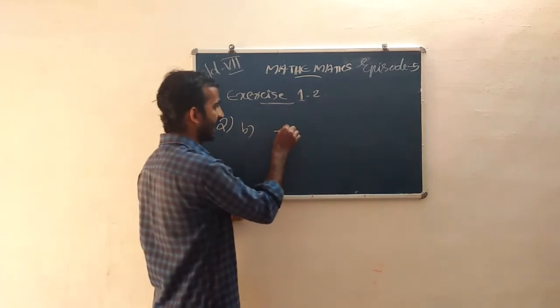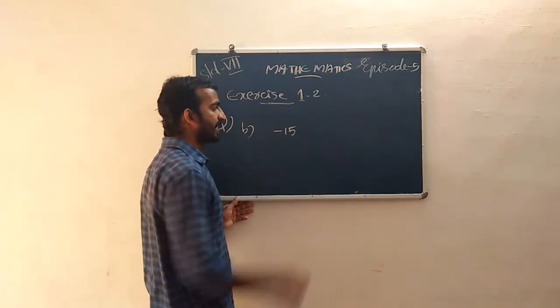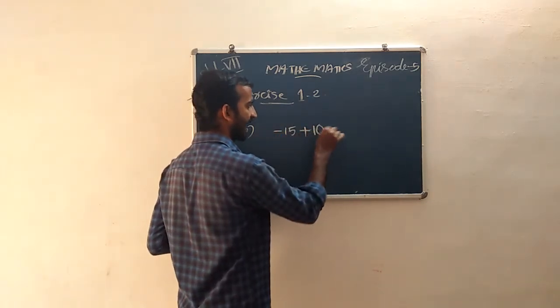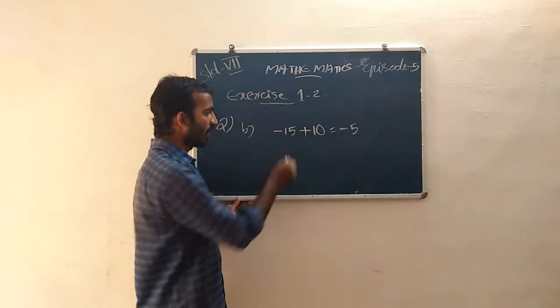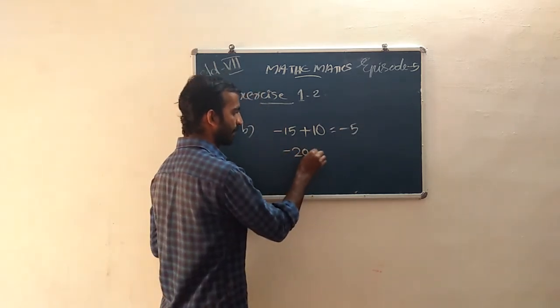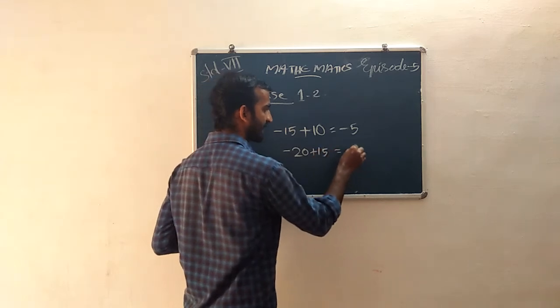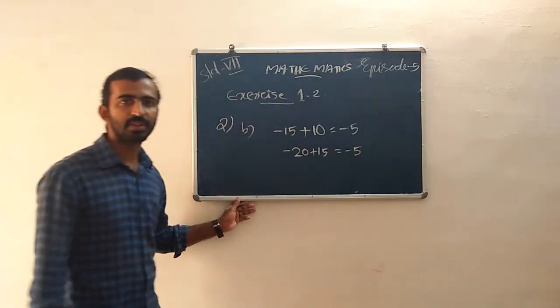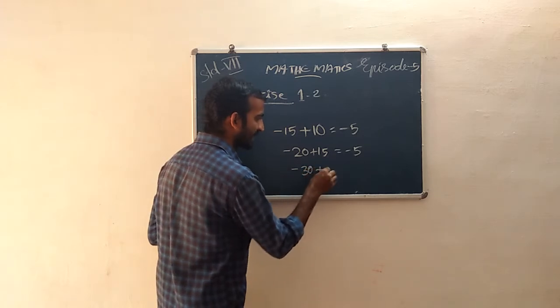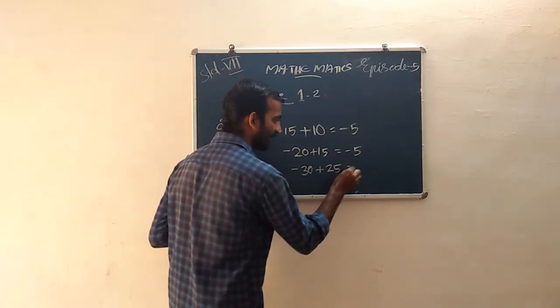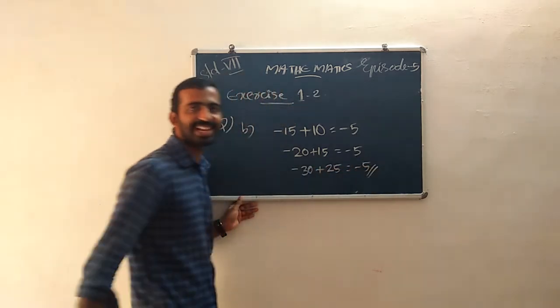That is, negative 15 plus 10, we get negative 5. Or negative 20 plus 15, we get negative 5. Or negative 30 plus 25, we get negative 5. Is it correct?